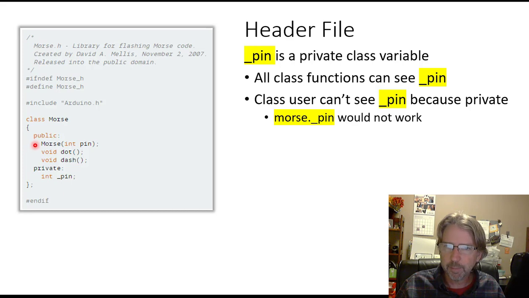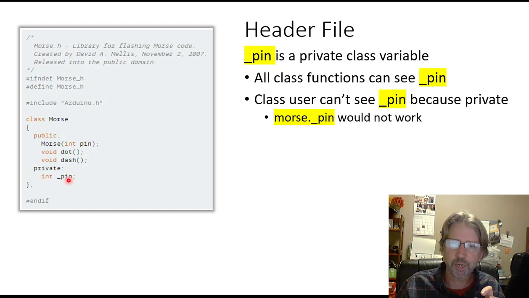Public means that in your main program that calls the function, you'll be able to access the constructor and dot and dash, because the Morse code people want that. Private here means that the functions in the class can access it, like dot and dash can read what's stored in here, but anybody using the function can't access _pin, can't accidentally change it.